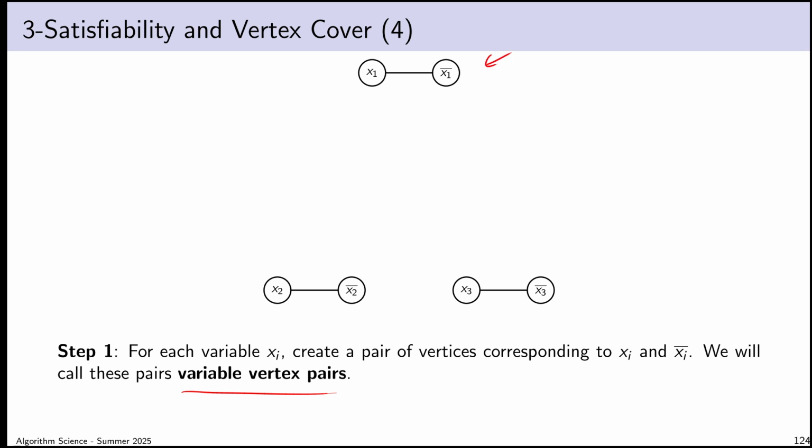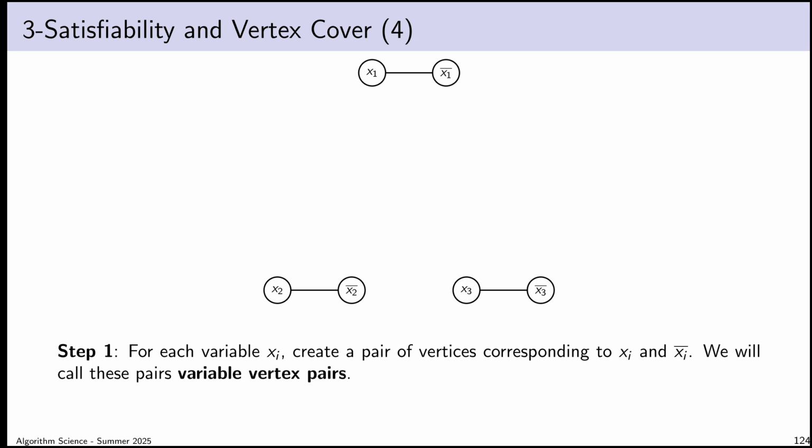Okay, so I create 3 pairs of vertices and each one contains a variable and its negation. So it contains x1, not x1, joined by an edge, x2, not x2, joined by an edge, x3, not x3, joined by an edge. Notice that if I have n variables, then what I've just done is I've created 2n vertices. Okay, so there's where the 2n vertices came from. And these are the variable vertex pairs.